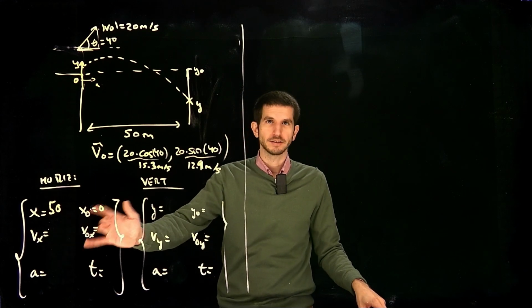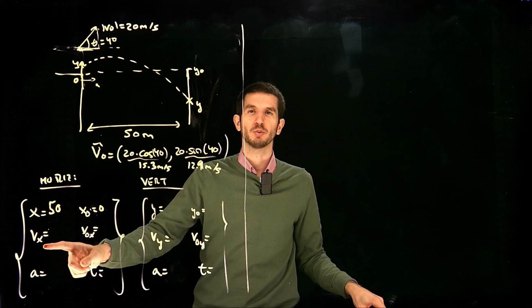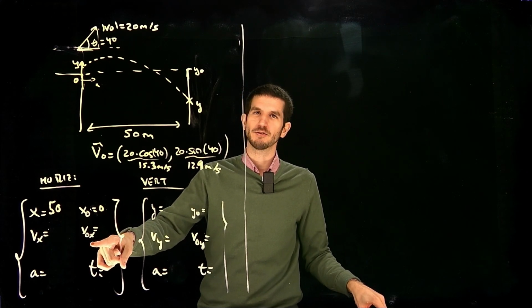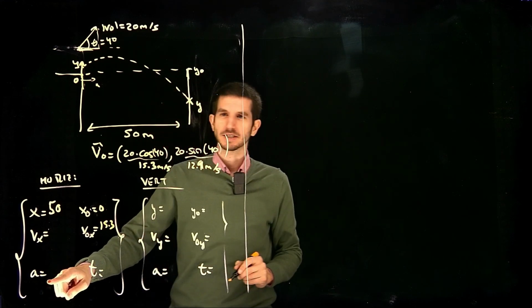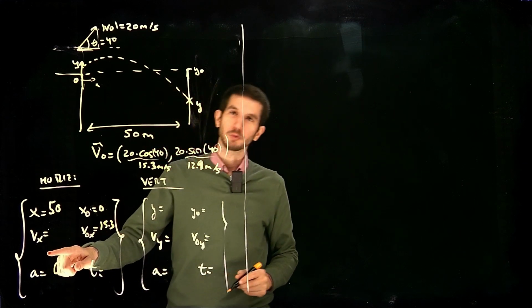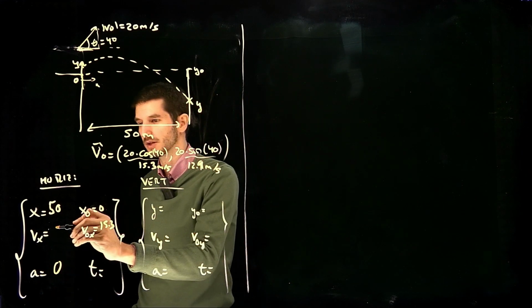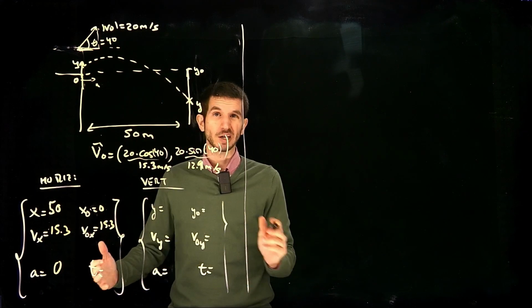Well, we don't know that. Actually, we do. You should know by now immediately. When you see this motion, what's going to happen with this? But anyway, what's the initial velocity? 15.3 meters per second. And what is the acceleration? Well, the acceleration is 0. So then we can go back. What was the final velocity? The final velocity is going to be the same because this motion is not being accelerated. And what's the time? Well, we actually don't know that.